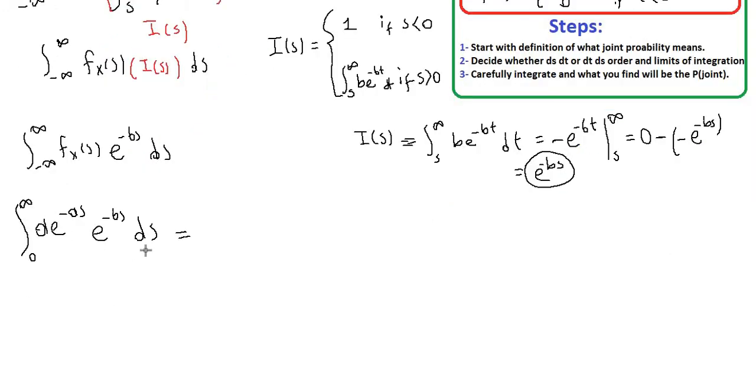Now we can perform this integral. We can take a out, integral from 0 to infinity, and we can merge the powers of e, which will be negative s times a plus b ds.